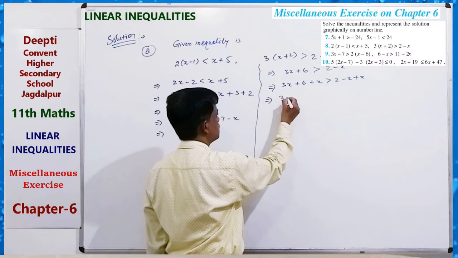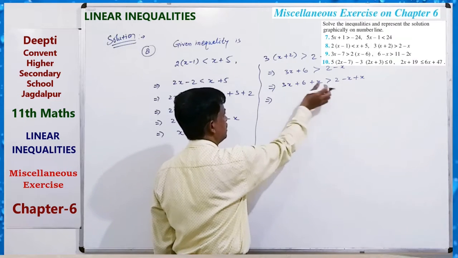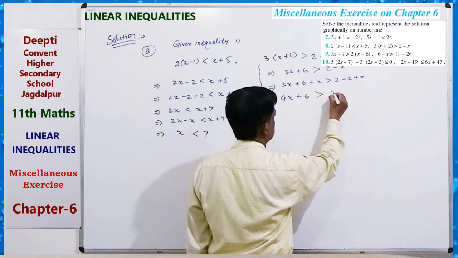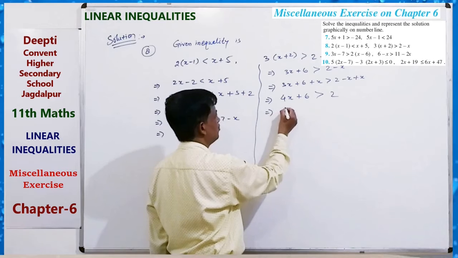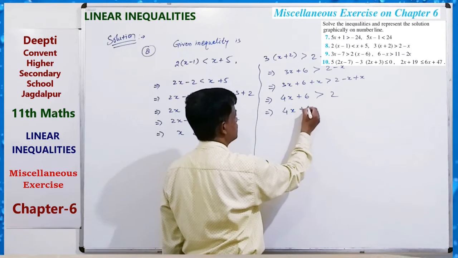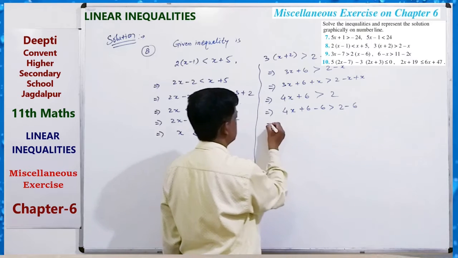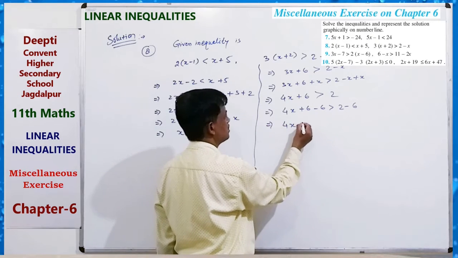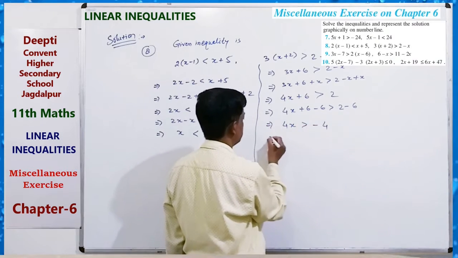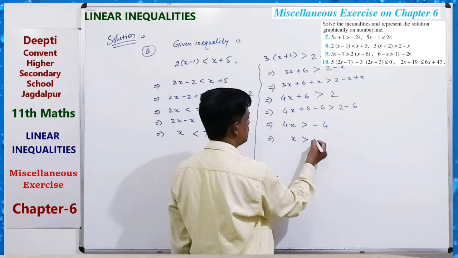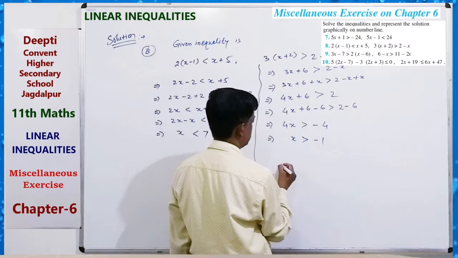So 3x and 1x make 4x, 4x plus 6 is greater than 2. Now 4x plus 6 minus 6 is greater than 2 minus 6. So we can write 4x is greater than minus 4. Now we can divide by 4. So x is greater than minus 1.